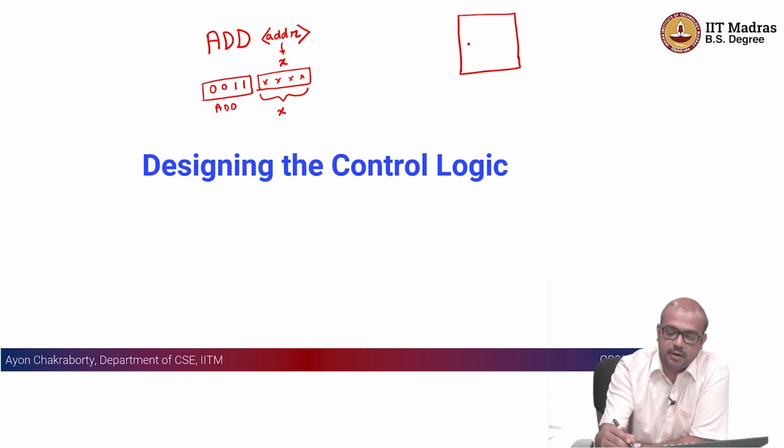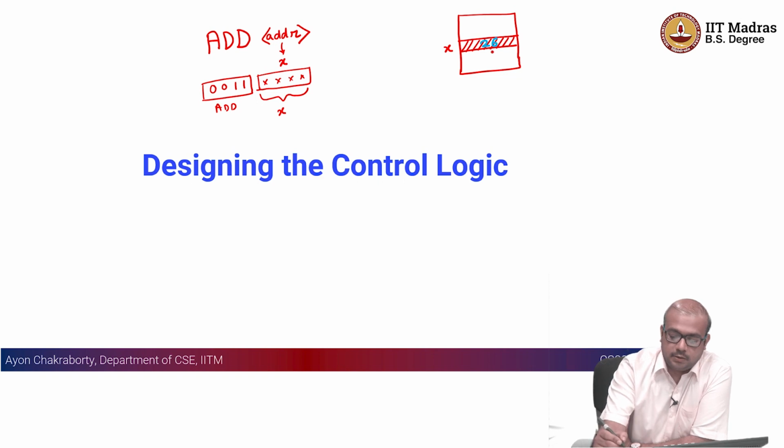So, what this is going to do, it will take the content of address x. Suppose the content is some value, let us say 26.